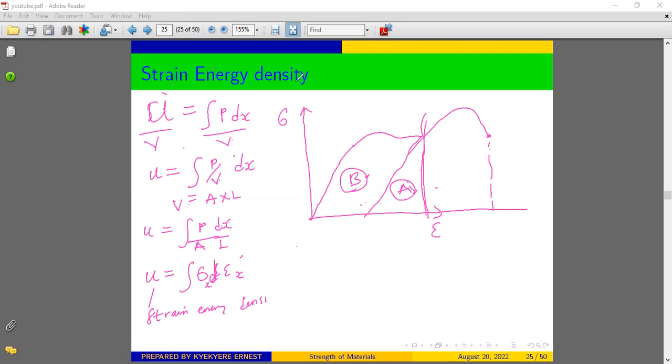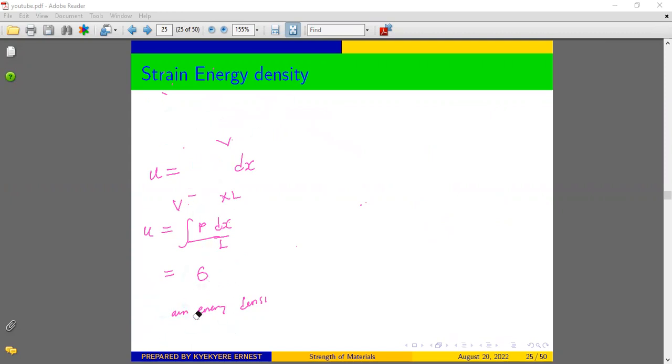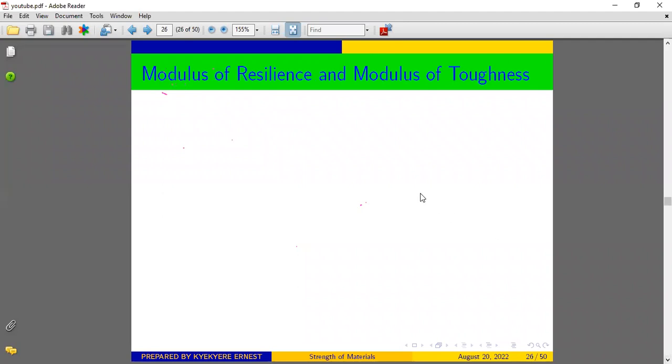Having explained that, now let's go to what we refer to as the modulus of toughness and the modulus of resilience.